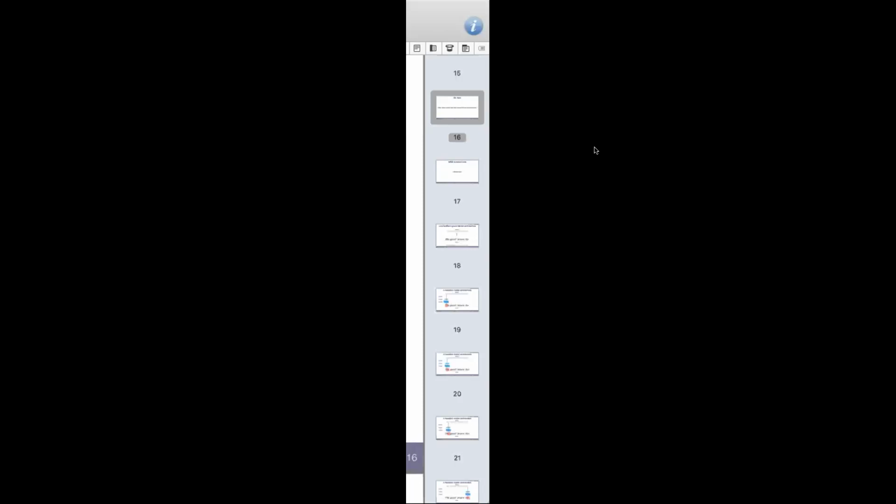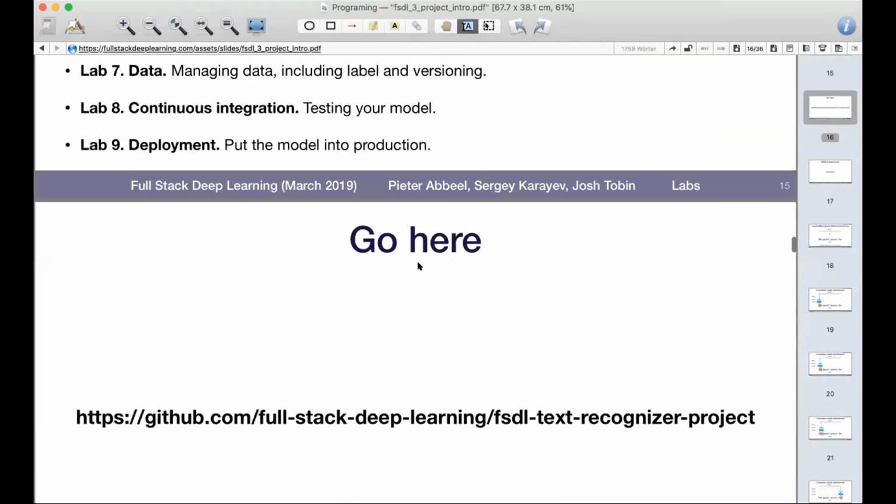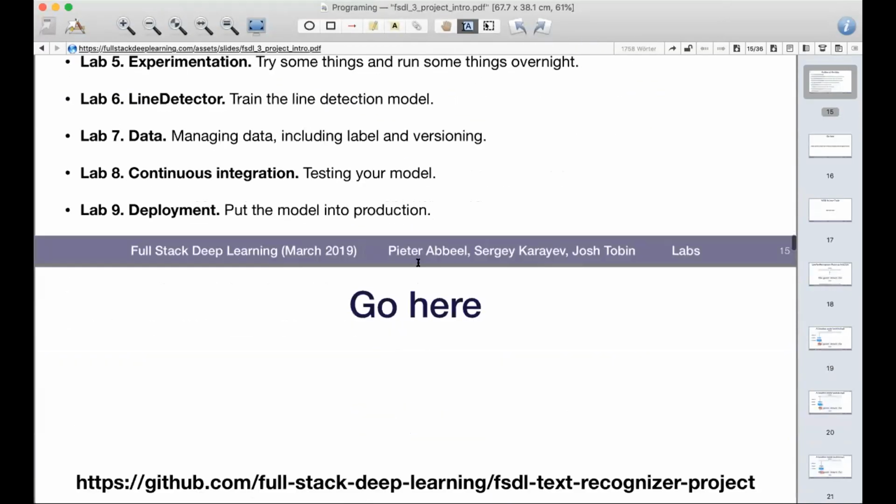Should I start from the beginning? I posted this small how-to because I guess they really don't have it anywhere in their material. I was going through it and I will jump around now. I found it here, and this is from the third lesson, the slides.